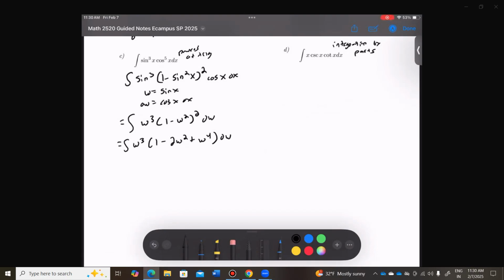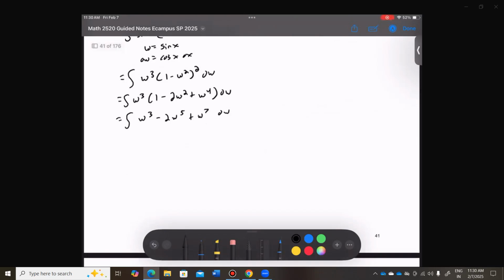And then we can multiply the w cubed in. So w cubed minus 2w to the fifth plus w to the seventh dw. And these are just the power rule. W to the fourth over 4 minus 2w to the sixth over 6 plus w to the eighth over 8 plus c. And then just simplify the 1 in the middle.